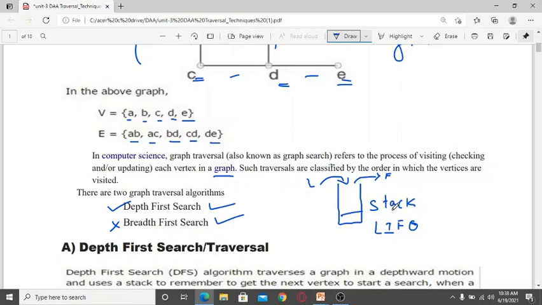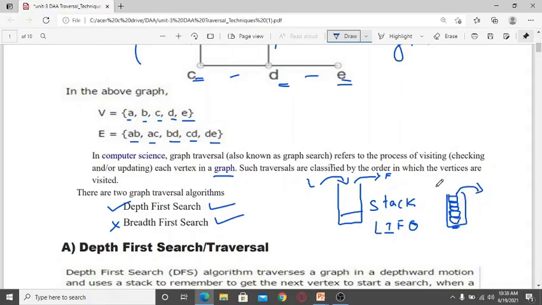Take the example of a bunch of books, one by one. If you want to take a book, you cannot take the last book from the bottom. First, you need to remove the ones above, then only you can take this.